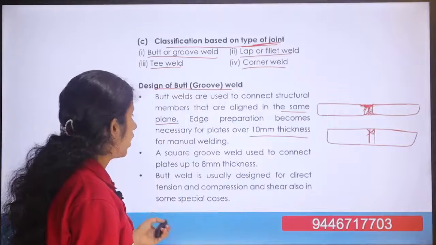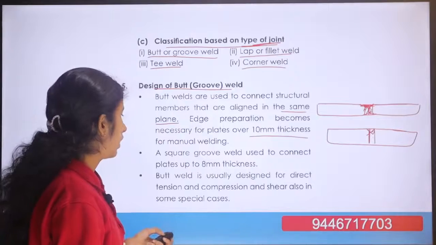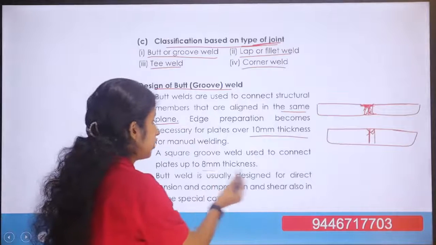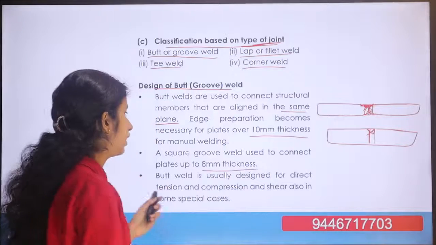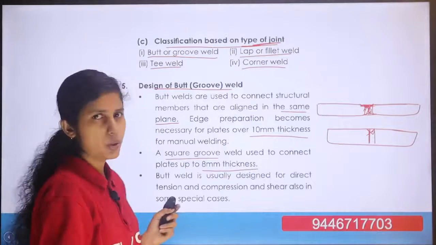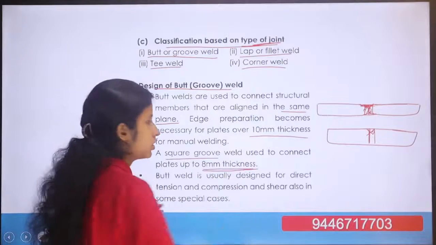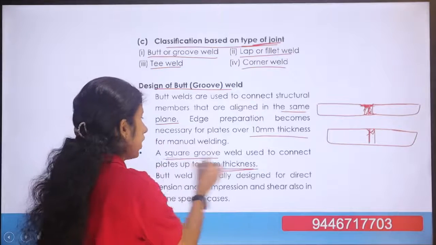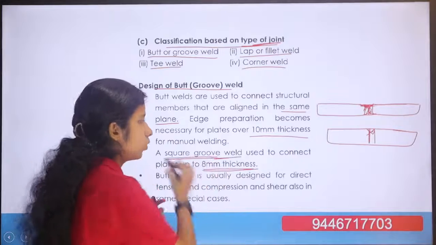A square groove weld is used to connect plates up to 8 mm thickness.